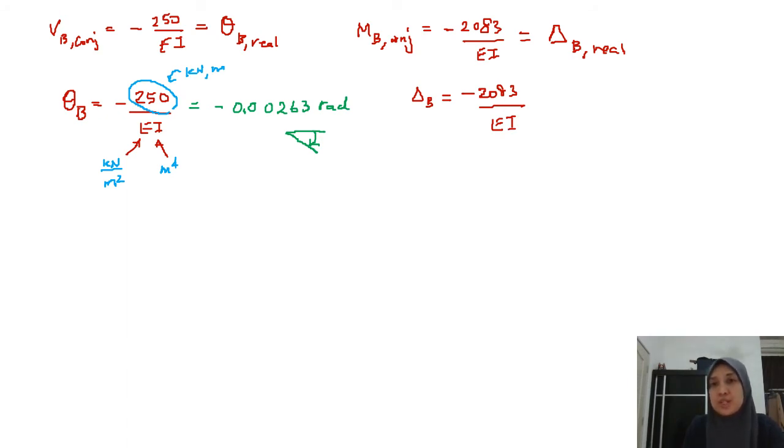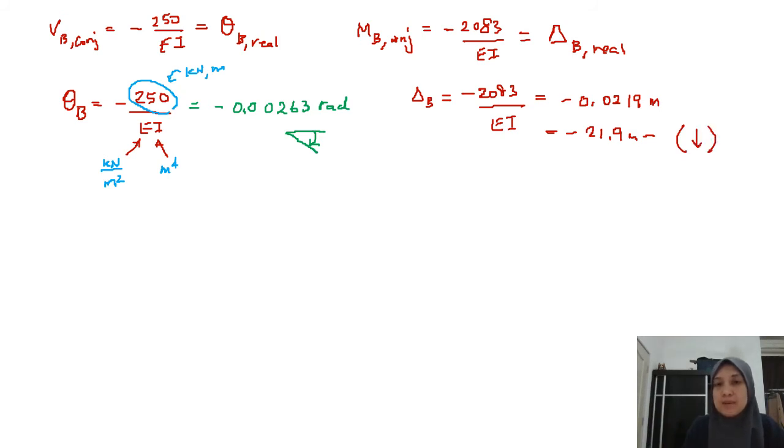If you use consistent units, you are going to get a value of negative 0.0219 meters, or you can rewrite it as negative 21.9 mm. If the value is negative, it means that the deflection is downwards.